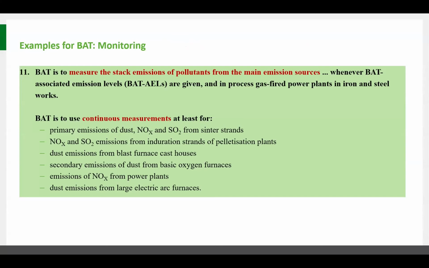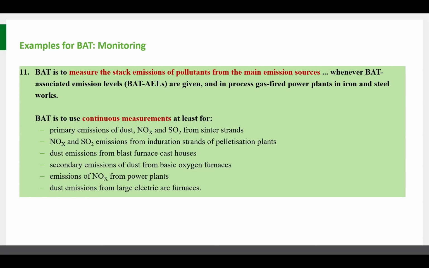So here you see one example for monitoring, as it was mentioned in Barak's presentation before. In general, he said BAT is to measure stack emissions of pollutants from the main emission sources wherever BAT-associated emission levels are given, and also in process gas-fired power plants and iron and steel works.